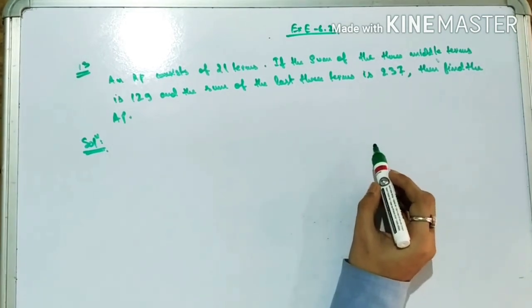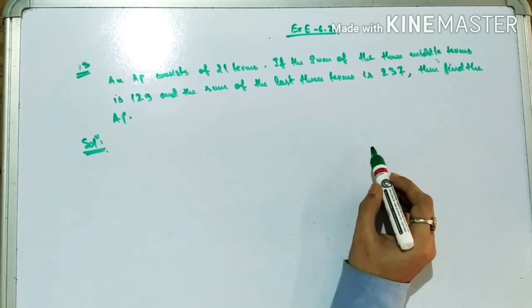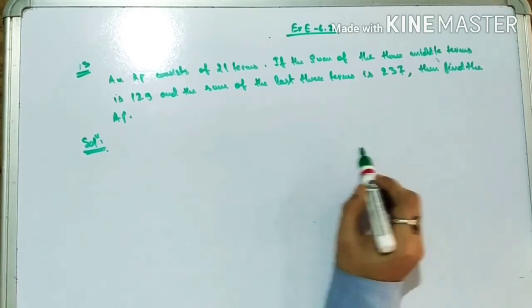If the sum of the three middle terms is 129 and the sum of the last three terms is 237, then find the AP.